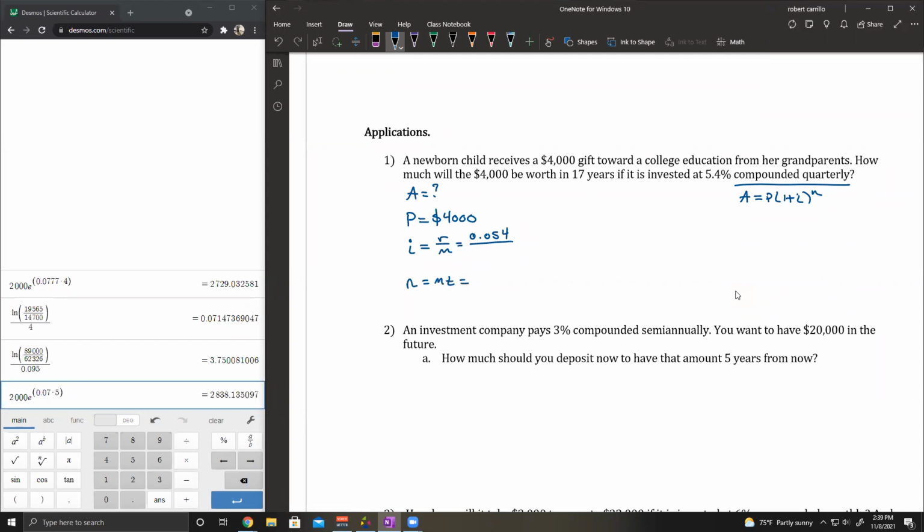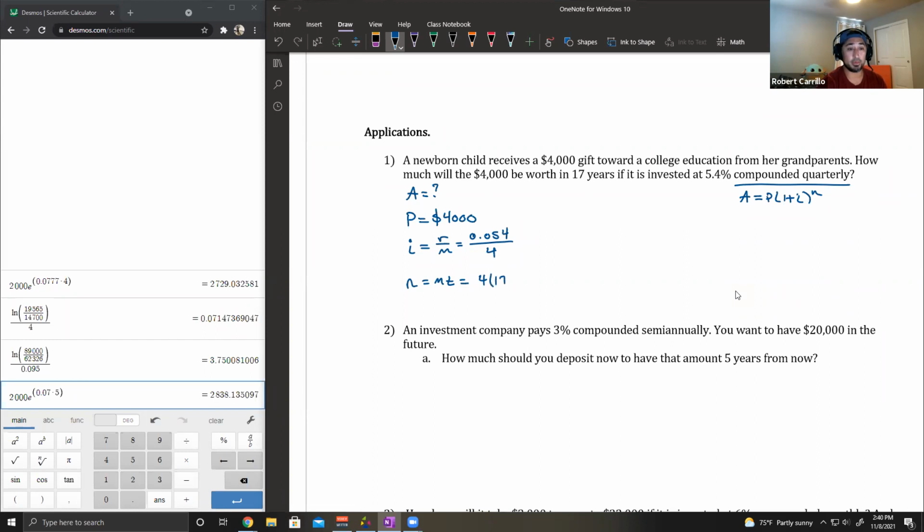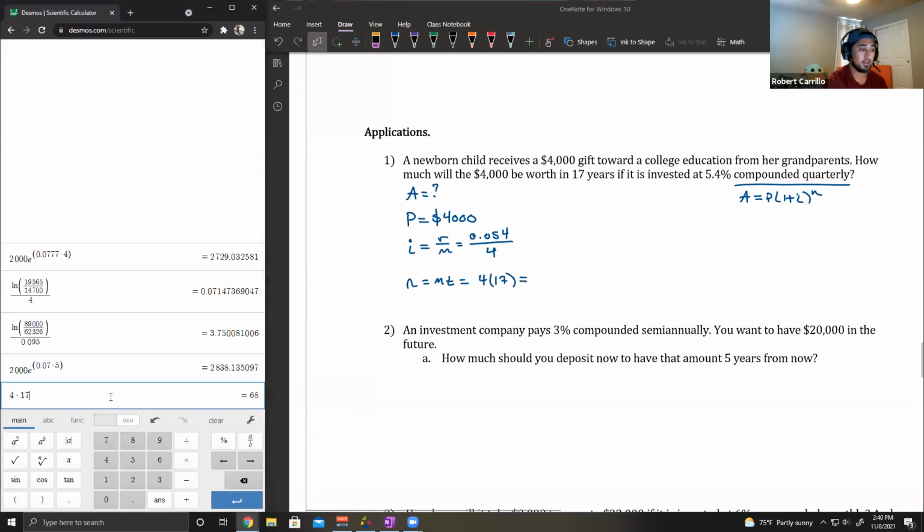Good. So 4. And then n is compoundings times time, so it would be 4 times time. We're doing this for 17 years, and 4 times 17 is 68. Okay, cool.